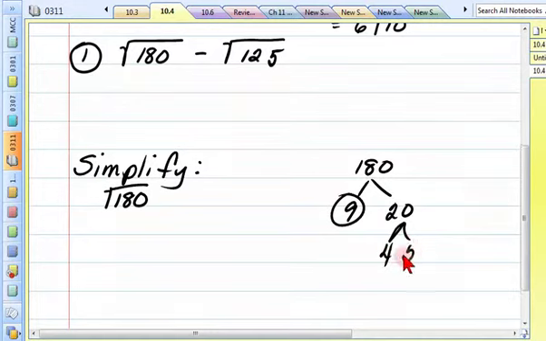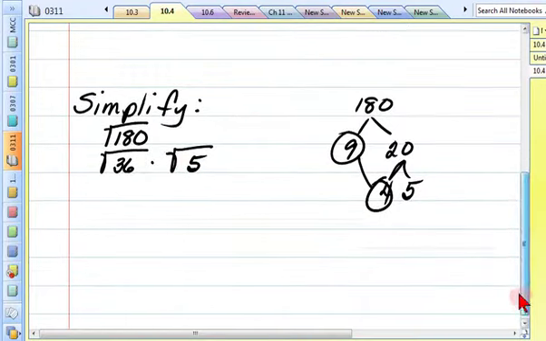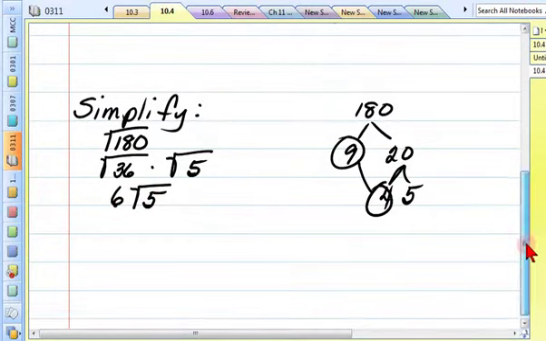It's 4 times 5. 4 is a perfect square. If I multiply these two together, I get that it's 36 times 5, and 36 is the largest perfect square. Okay, so this is the square root of 36 times the square root of 5, which gives me 6 times the square root of 5. And I'm going to send that back up.